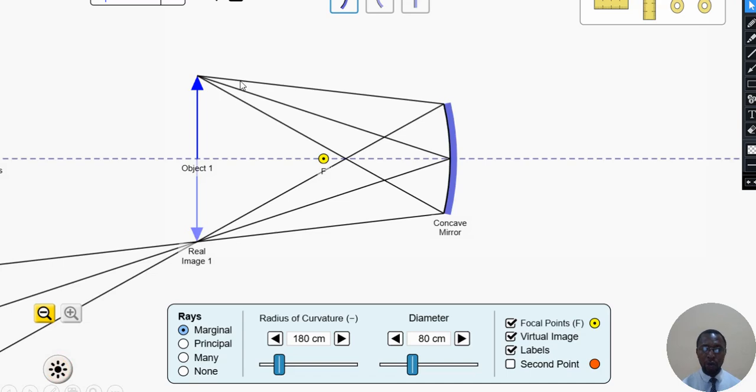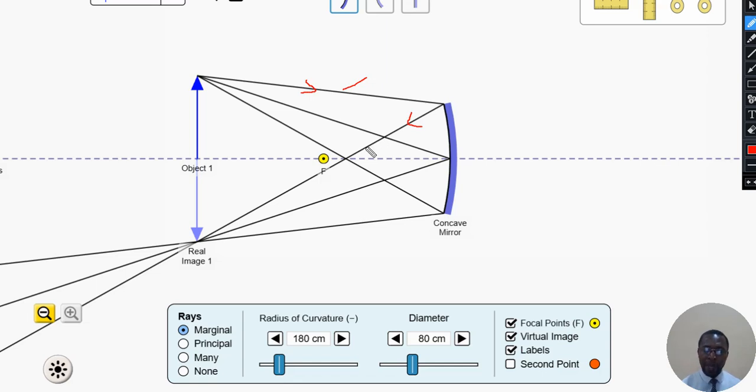The ray coming from this object, we usually represent with an arrow, showing that the ray is coming from the object and striking the mirror. At the point of striking the mirror, it got reflected. The one that strikes the mirror is known as the incident ray, while the one that is being reflected is called the reflected ray.